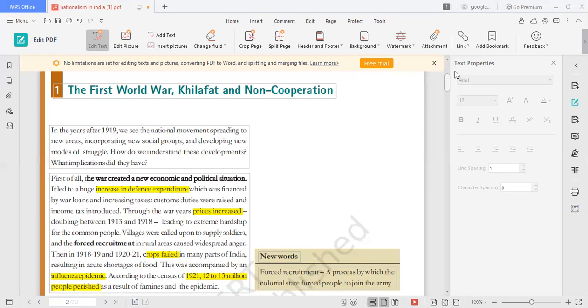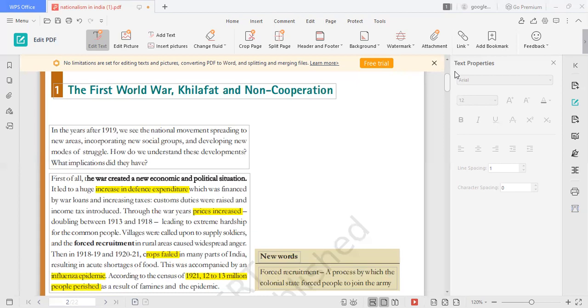That was a great challenge to the government as well as to the people. Because of these reasons, in the year 1921, I mean 3 years after the First World War, 12 to 13 million people died. So these were the new economic and political situations created by the First World War in India.